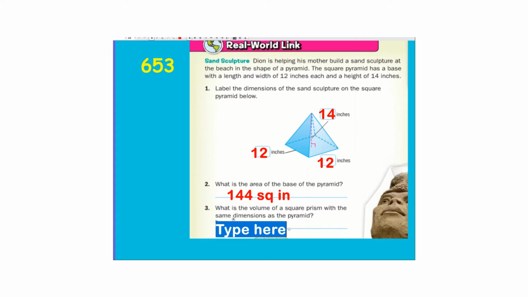You have 144 times 14, and that is 2016. Okay, and that would be cubic inches. So that is not the volume of this pyramid. That is if this were a prism. Okay, moving on.